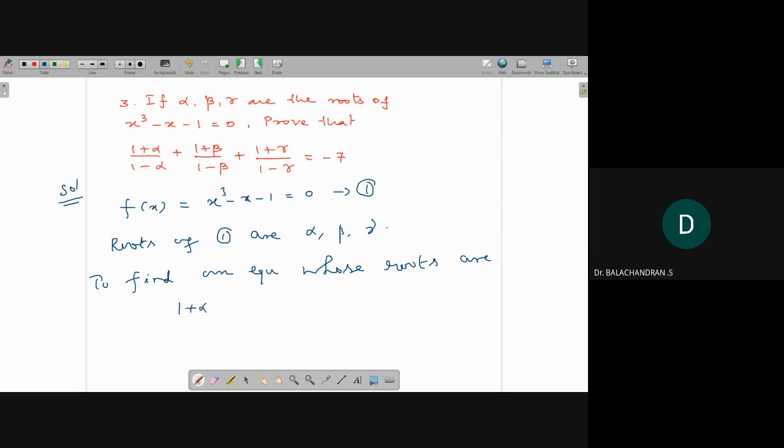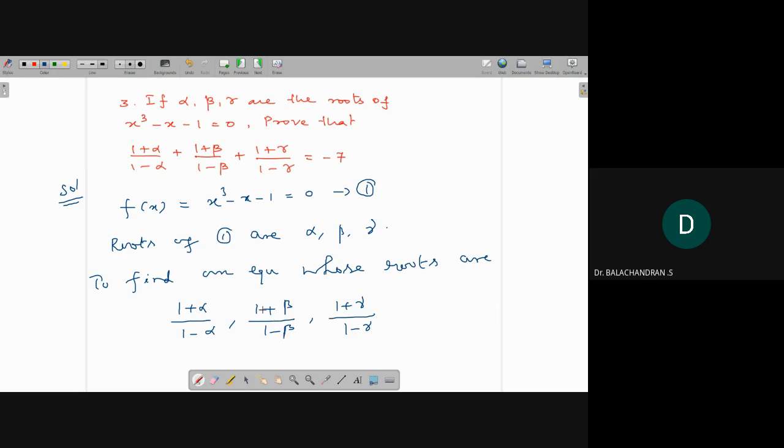1 plus alpha by 1 minus alpha, 1 plus beta divided by 1 minus beta, 1 plus gamma divided by 1 minus gamma. Suppose if I find the equation, this is nothing but what? S1. So directly you can find the S1. So this is an idea.